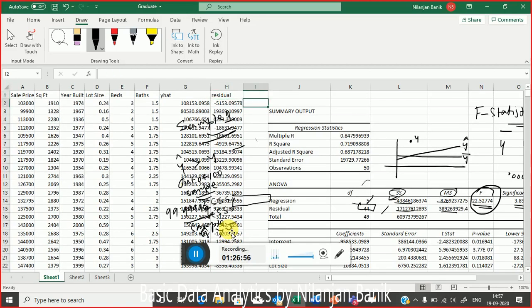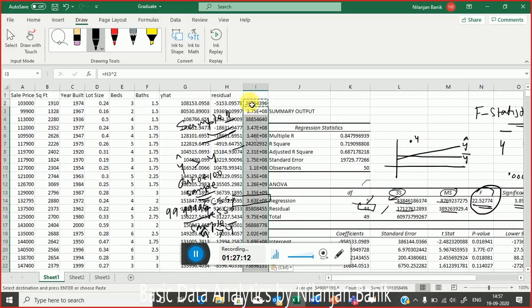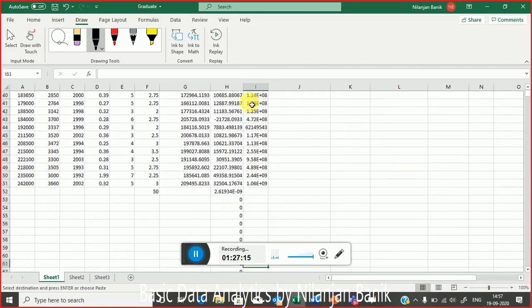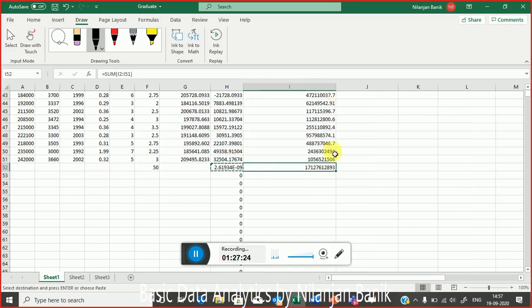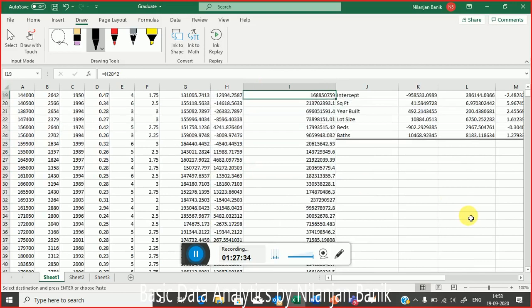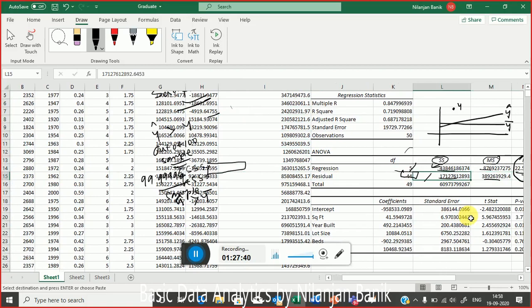Now if I take the sum of square of error, मतलब इसका square ले लेते हैं to the power 2 and then let's say copy, इसको पेस्ट कर देते हैं. यहाँ देखिए मेरा सम स्क्वायर ऑफ एरर कितना आ गया? 1717 1712 761 something, right. ये देखिए, this is exactly similar to what they have got.